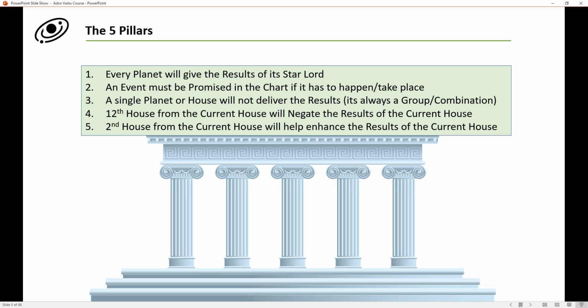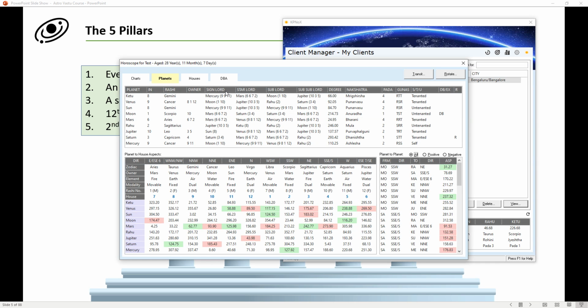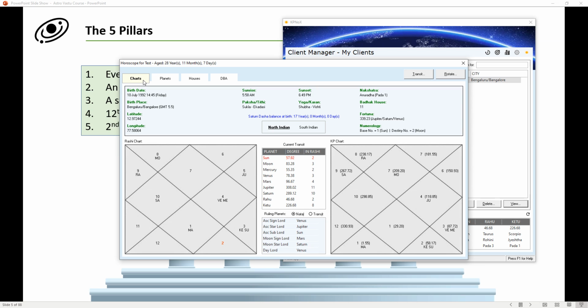The 4th rule says that the 12th house from the current house will negate the results of the current house. What does this actually mean? Continuing our example of the 7th house. I'll not be getting into details of how you read the chart. This is a North Indian chart, and this is house 1, 2, 3, 4, 5, 6, 7.